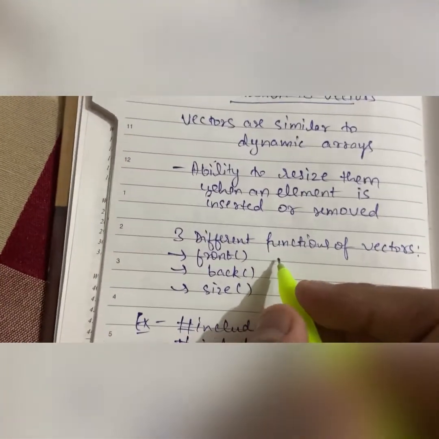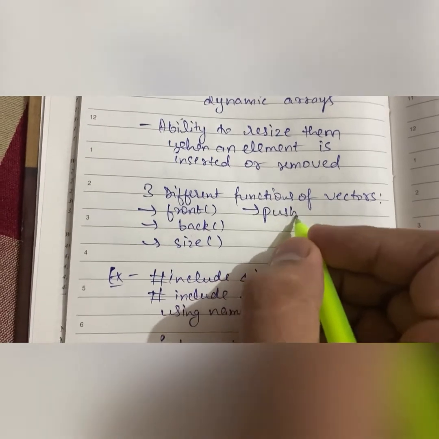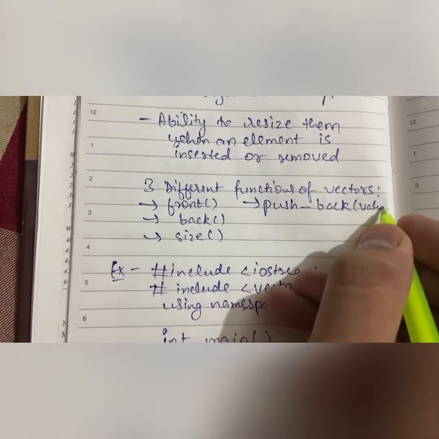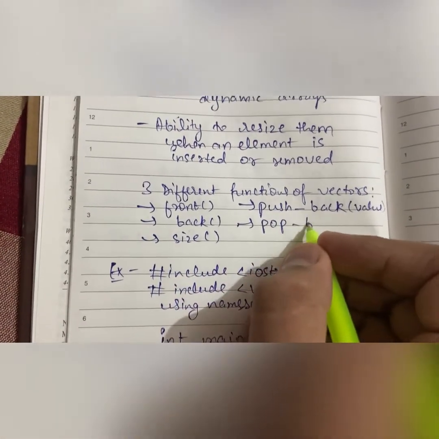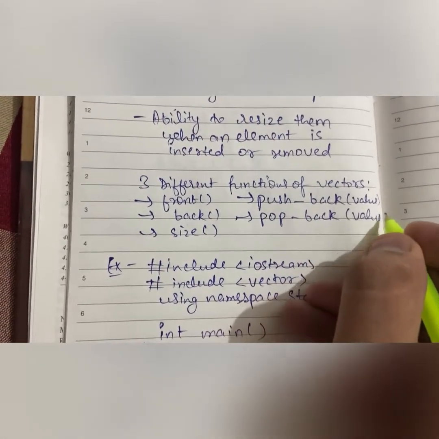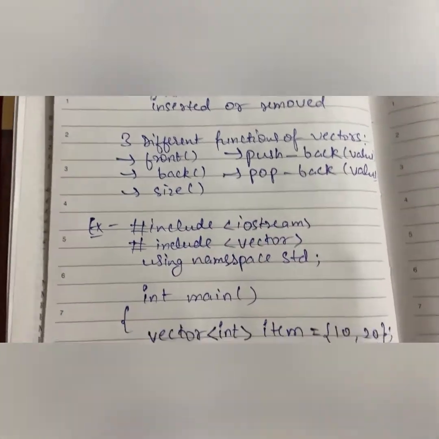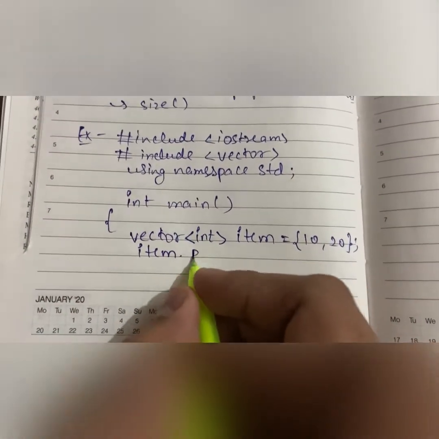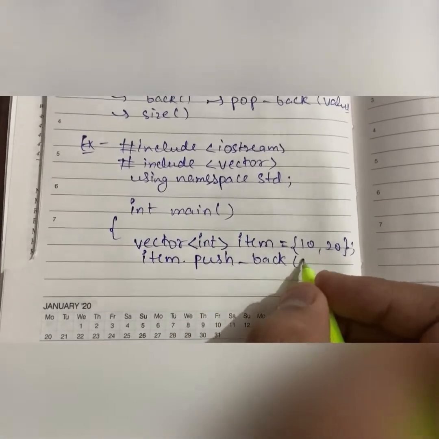There are also other functions for pushing values: the push_back function, in which you mention the value, and the pop_back function. Pop means deleting and push means inserting. So here, item.push_back, I am pushing 30.